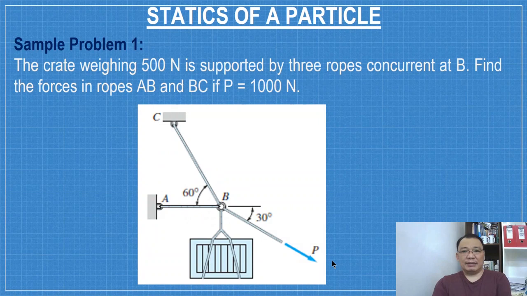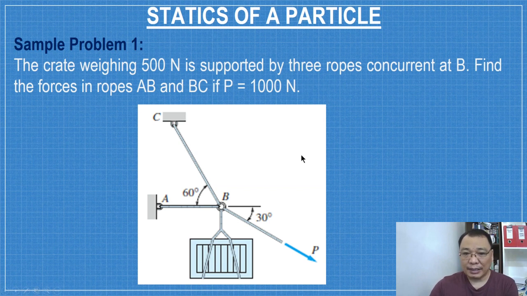Okay. Let's have our sample problem. The crate weighing 500 newtons is supported by 3 ropes at B. Find the forces in ropes EB and BC if P is equal to 1,000 newtons.